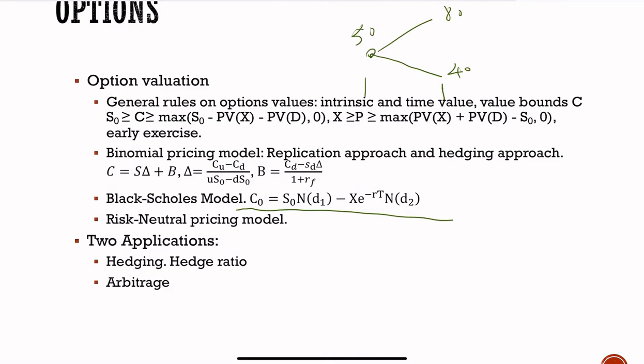And then the second application is arbitrage. The basic idea about arbitrage is whenever a pricing formula or a pricing model is violated, then theoretically there will be arbitrage opportunities. And to build this arbitrage portfolio, you will short sell overpriced asset and you will buy underpriced asset.